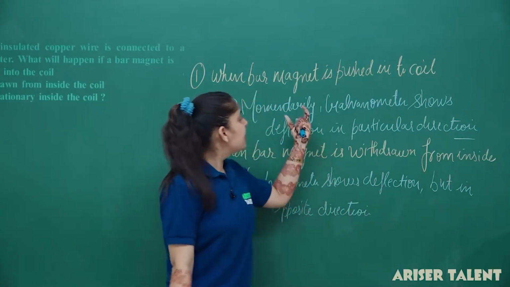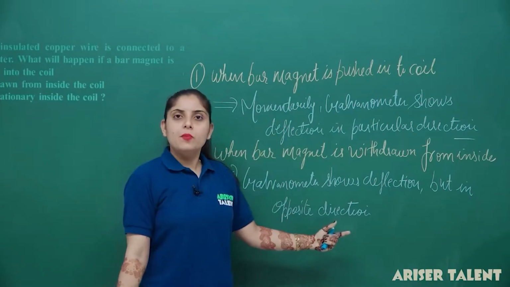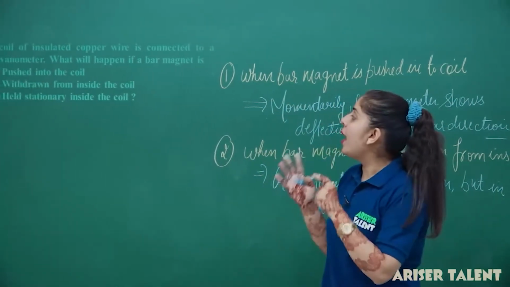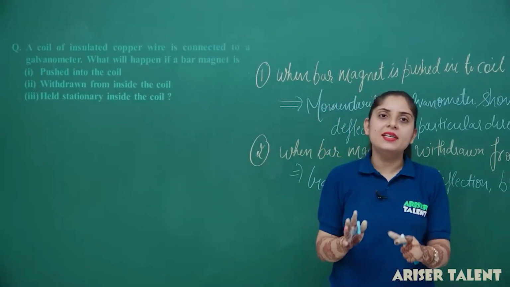So, this case is just opposite to the previous case we have. Now, what is the third case saying? When you hold the bar magnet stationary inside the coil.